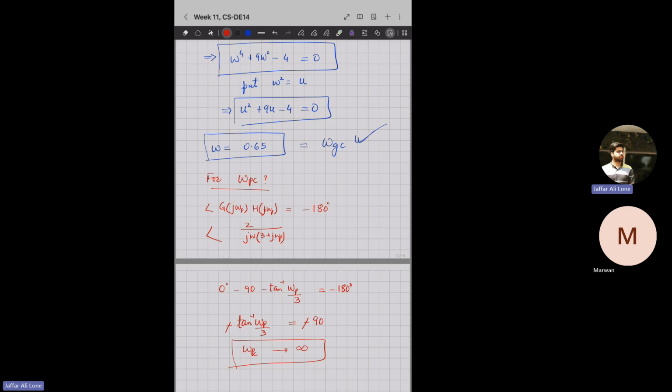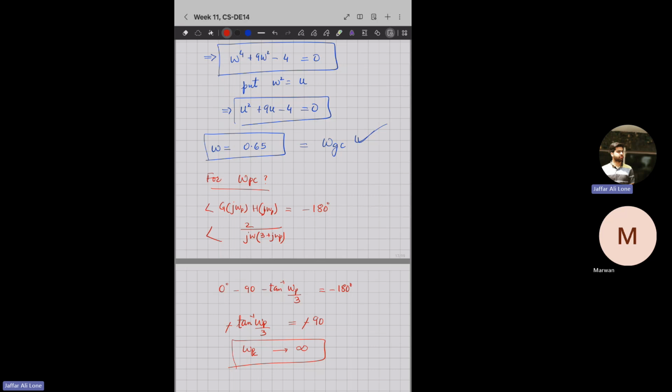You find Z, find N, and the direction of N is given by its sign: if it is positive, it's clockwise; if it is negative, it's counterclockwise. And any closed loop pole in the right half plane will lead to instability, and accordingly you decide whether your system is stable or unstable.